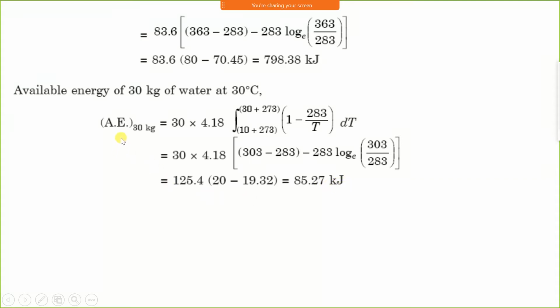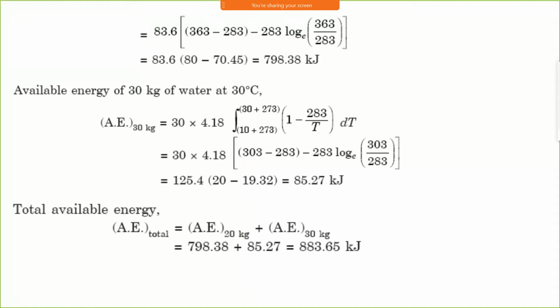Means the available energy of 30 kg of water at 30 degrees Celsius is equal to 85.27, and the availability of 20 kg of water at 90 degrees Celsius is 798.38 kilojoule. Now this is the availability of the individual waters.